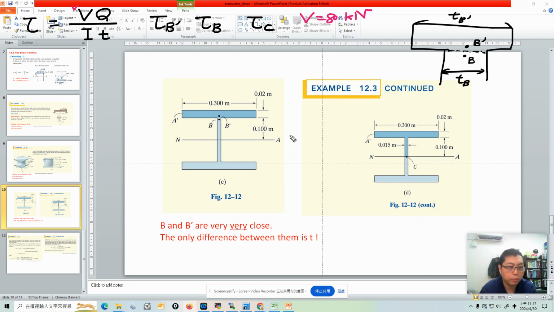These three points are on the same cross-section, so I_B' equals I_B equals I_C. Let's call it I.